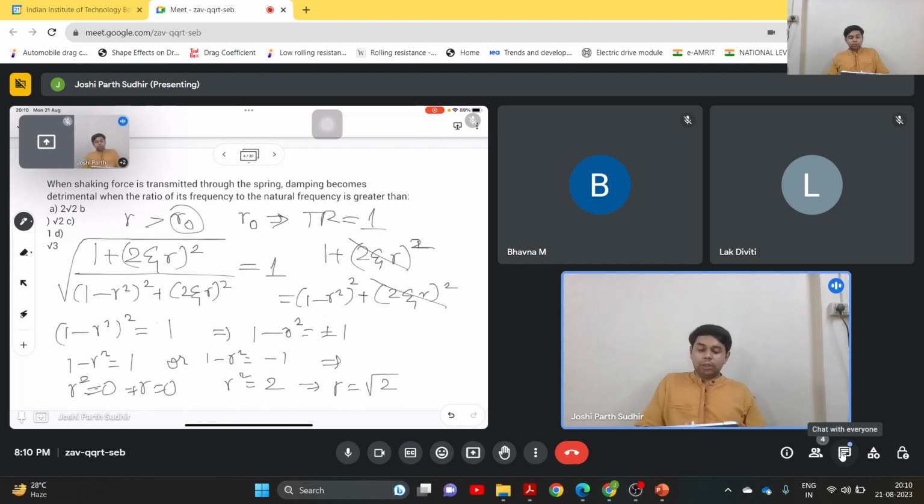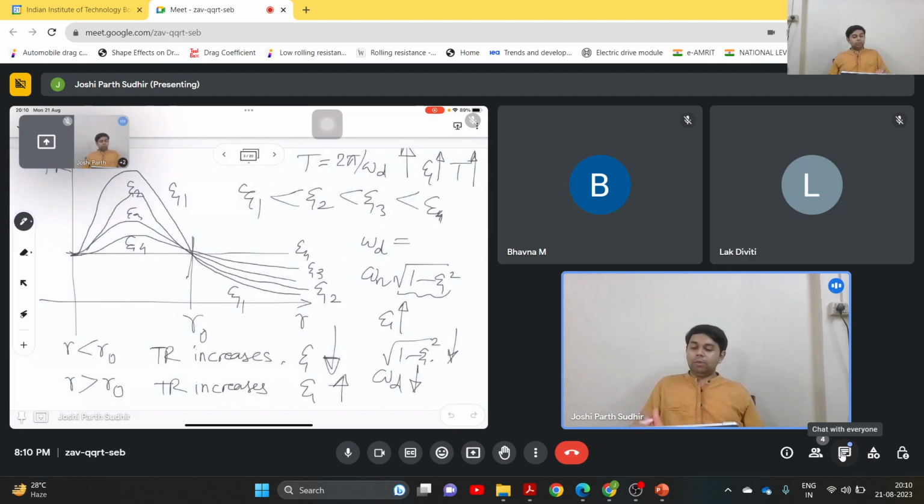For frequency ratio equal to root 2, the transmissibility ratio becomes 1. And r equal to 0 represents this point, whereas R naught is basically root 2. At this point the crossover happens.